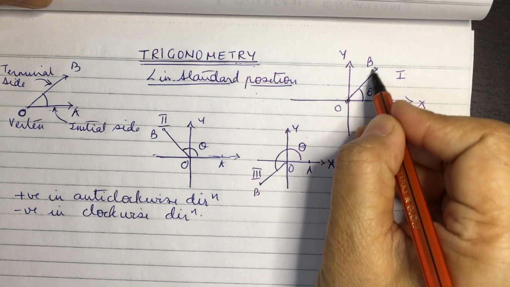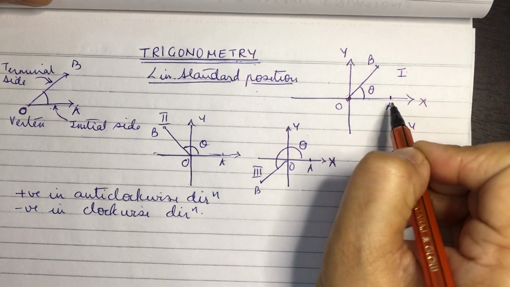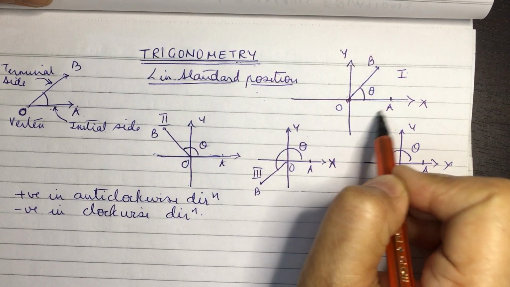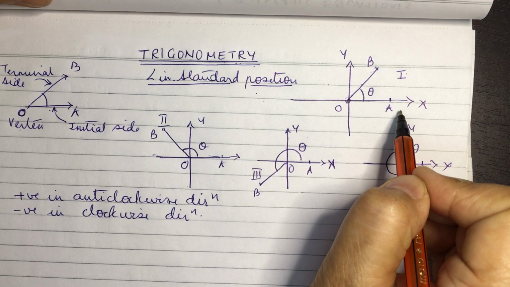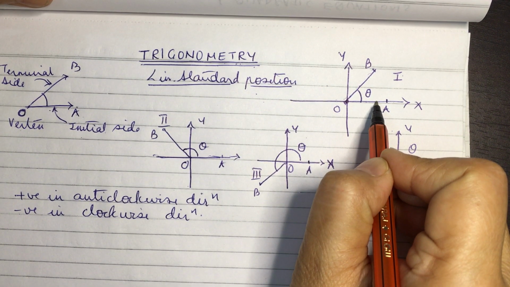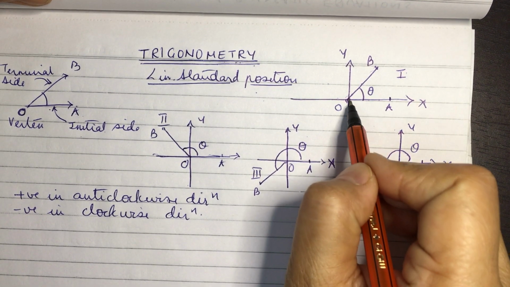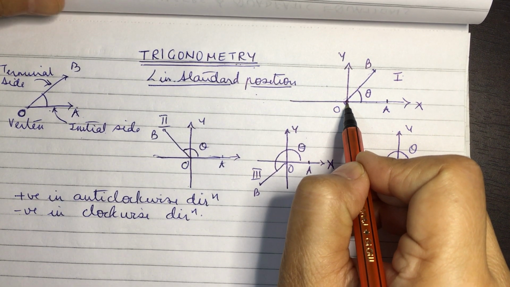The terminal side could be in any of the four quadrants, and accordingly the angle is said to be in that particular quadrant. For example, in this case the terminal side belongs to the first quadrant, and so this angle is in the first quadrant.